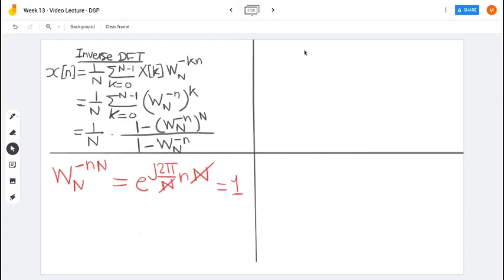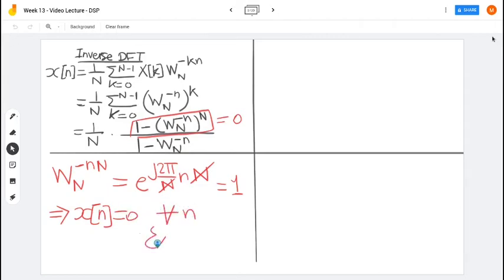So this numerator over here will always be equal to 0, and hence x of n will always be 0, except for n small equal to 0. So x of n will always be 0 for all n except n equal to 0. Why is that?